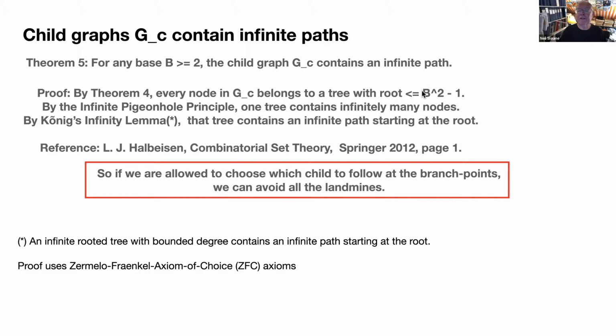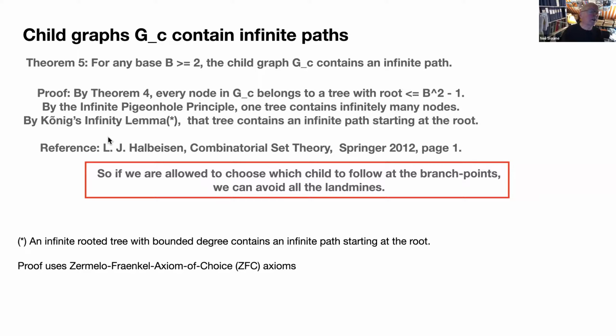It's a collection of rooted trees, and the roots are at most 99. There are 50 of them in base 10. Because there are only finitely many, by the infinite pigeonhole principle, one of these components must contain infinitely many nodes. So that component is a rooted tree with infinitely many nodes, and when it branches, there are only 2 choices for each branch. So it only has finitely many branches at each node, it's locally finite.